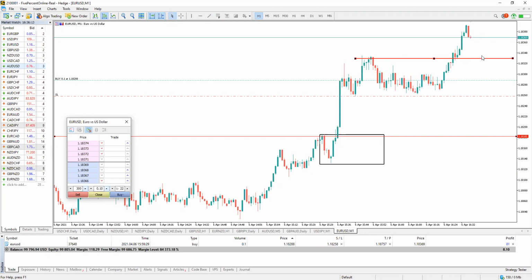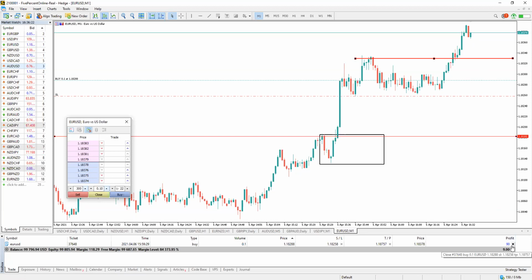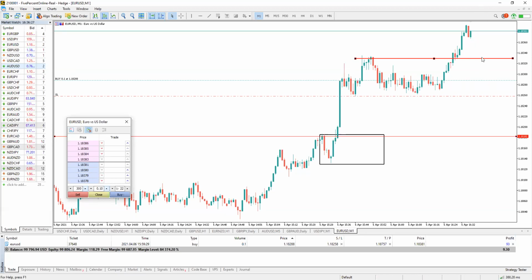So it might pull back to this area and then continue. I need to be ready for that pullback and not get scared or anxious and take profits because it started going against me. It's very natural to expect a pullback to the breaking point before it continues in your favor.